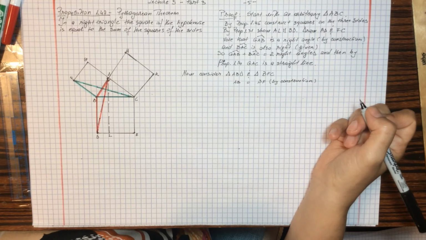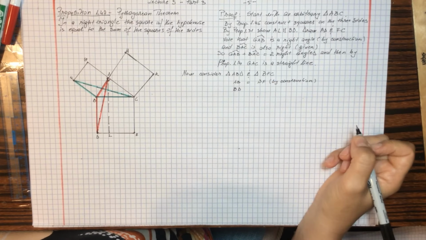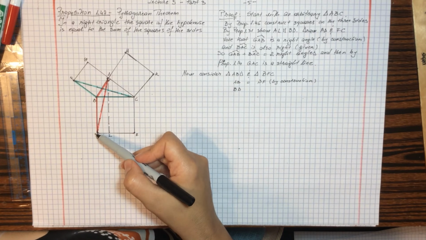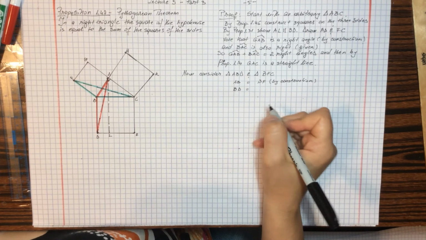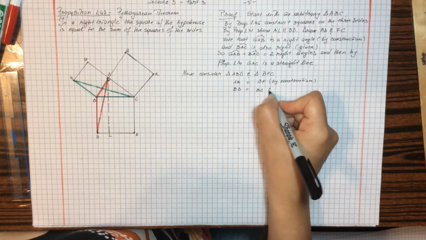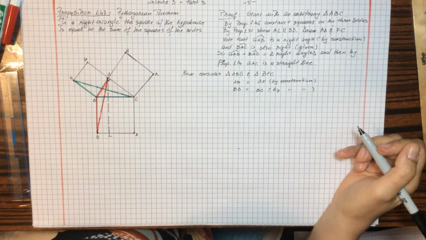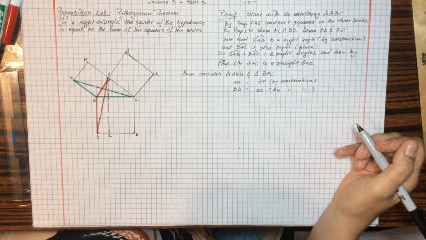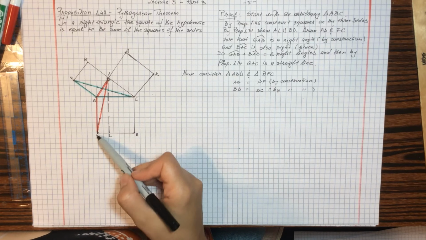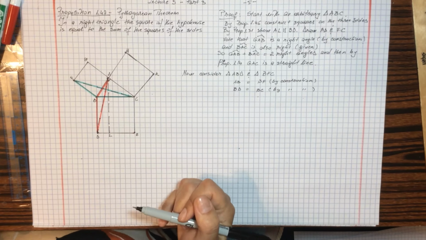So the line BD in the red triangle is also equal to the line BC in the green triangle, also by construction, since they are sides of the very same square, namely square BCDE.